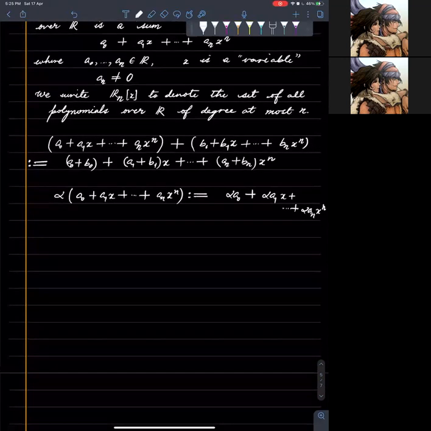And again, one can check that Rn[x] with base field R, the addition as defined, the scaling as defined, is a vector space over the base field R.